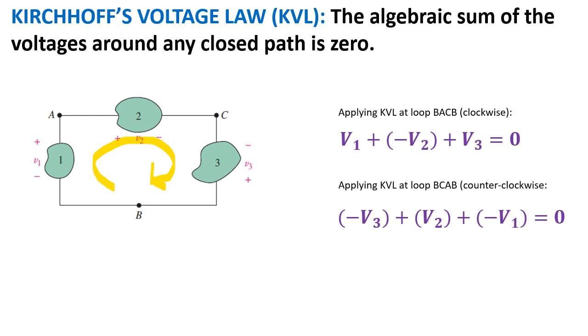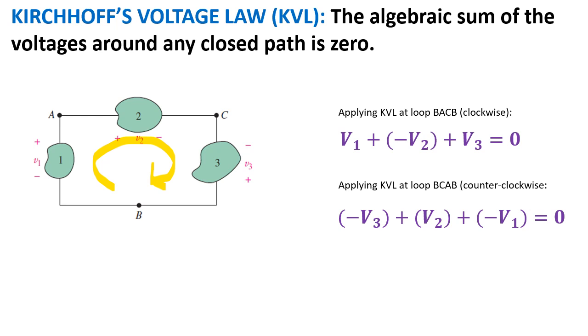So you have your elements, you have your network, then for any closed path along that network, if you take the algebraic sum of the voltages of all the elements along that closed path, that algebraic sum should be zero.